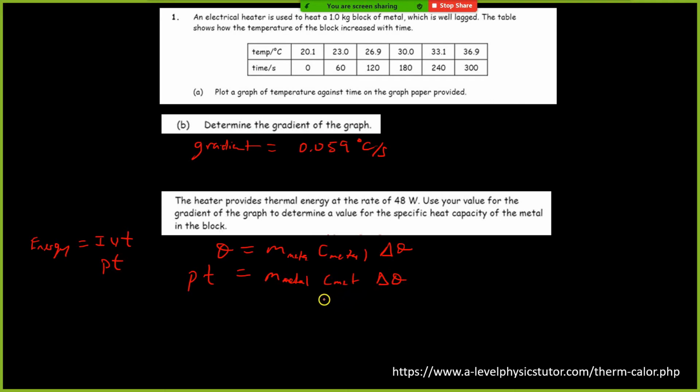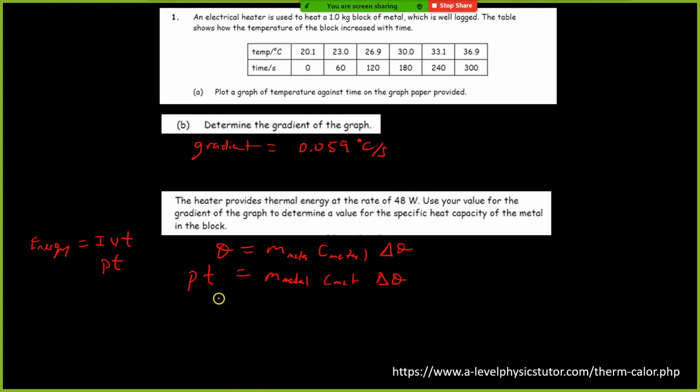Now this is a tricky part because they asked us to use the gradient. So you would have to see that the gradient is equal to change in temperature over time, and manipulate the equation so that you're seeing that.